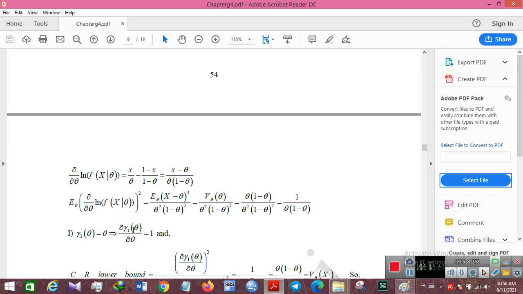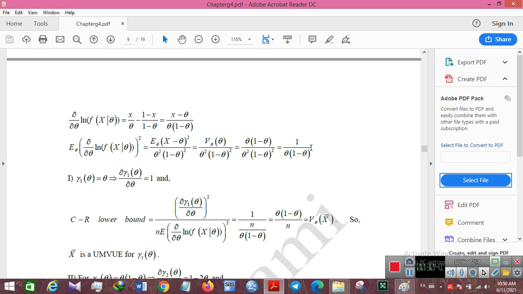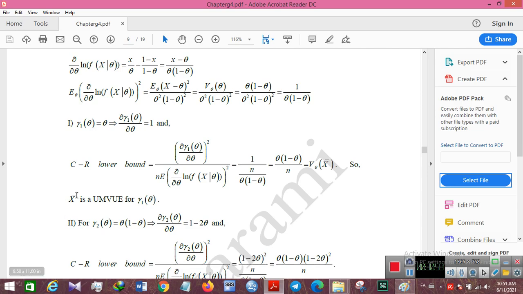We have that one, and if you consider γ1(θ), the derivative is 1 and the lower bound is that one, which is the variance of X bar, so X bar is the UMVUE of γ1(θ).